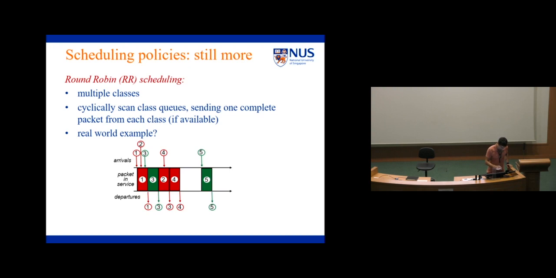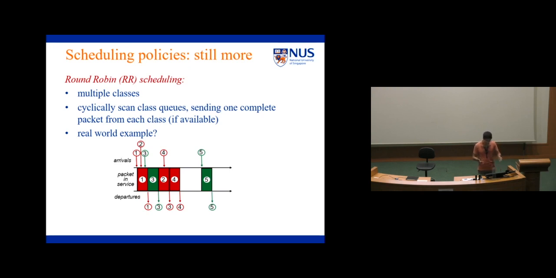If you look at the same example here, the red one came first, another red one, and another green one. If I had a FIFO scheduler, I should serve the second one after the first one, because the second one came before the third one.